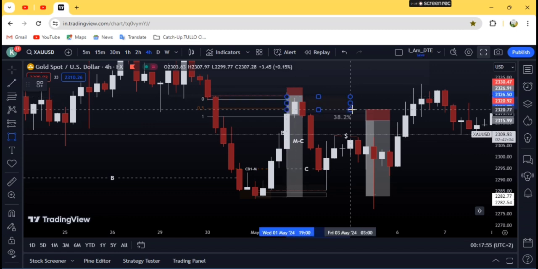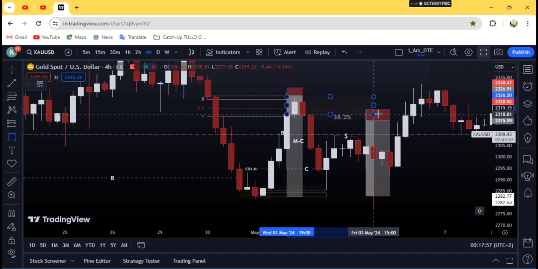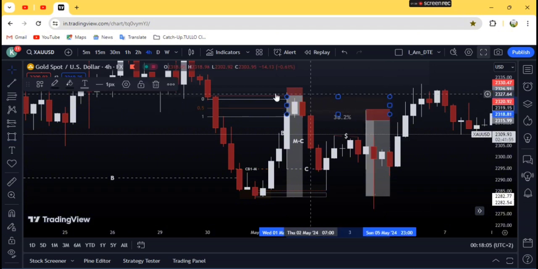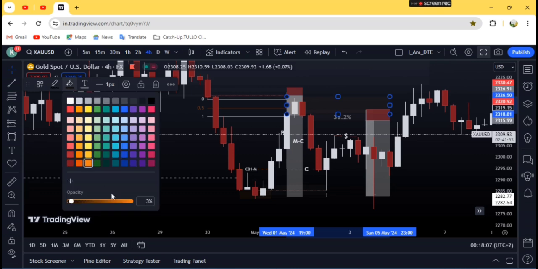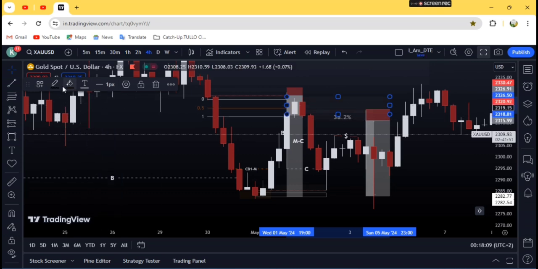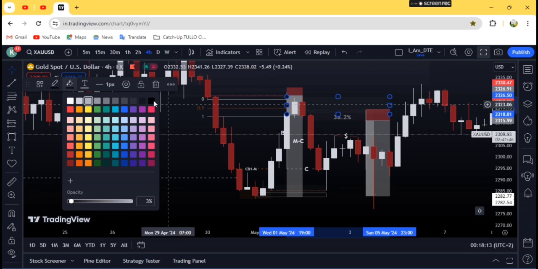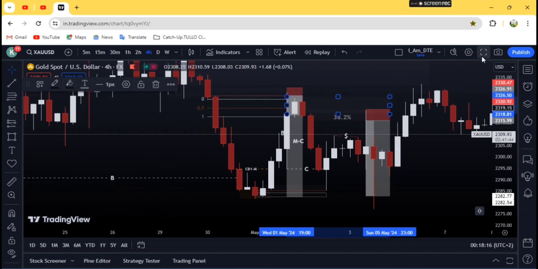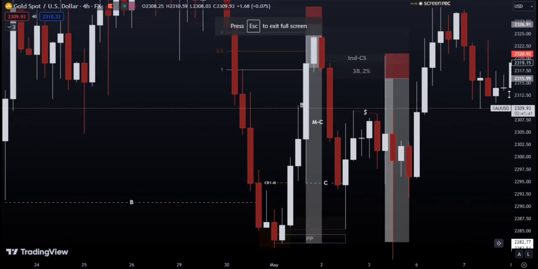This is not only my supply zone, it is my reversal supply zone. Okay, it's good. I'll just lock it, and that's pretty much it.